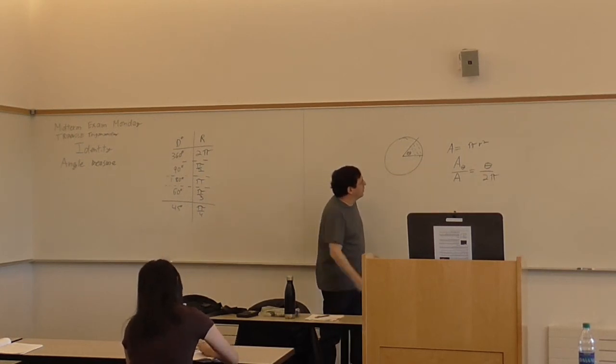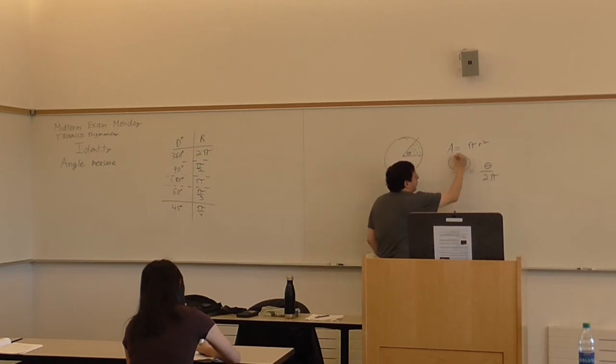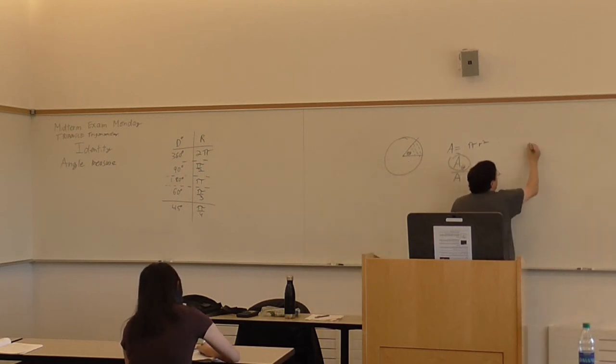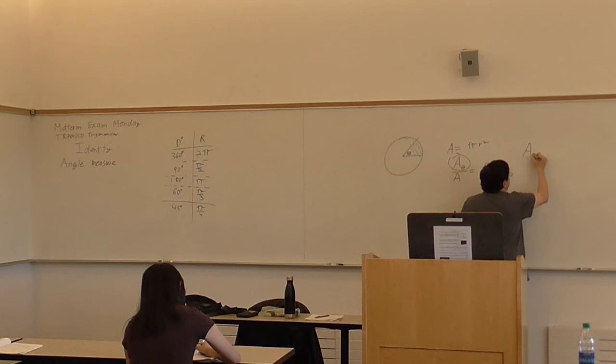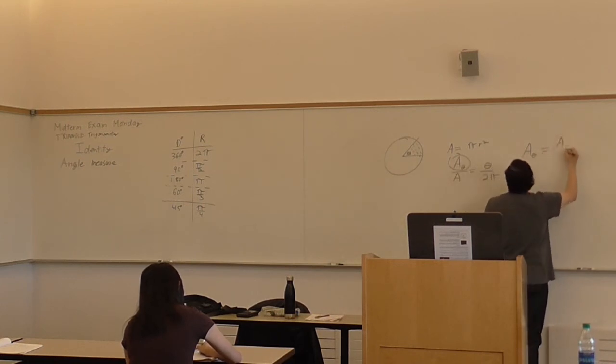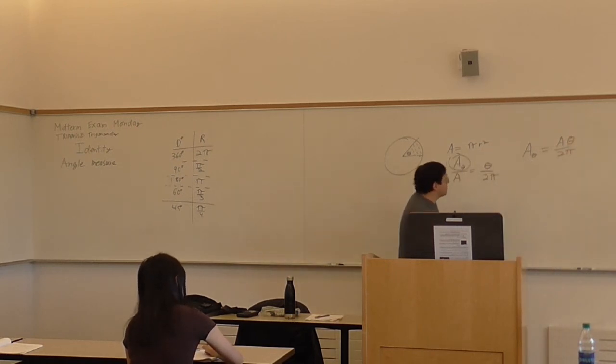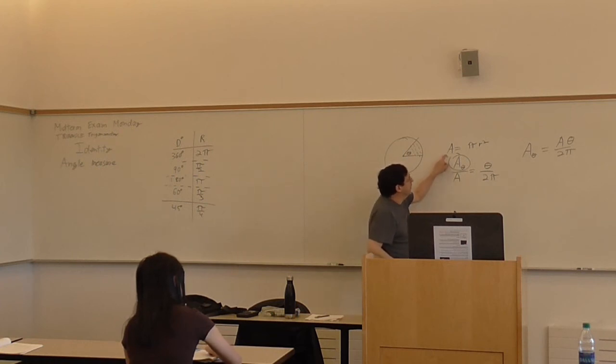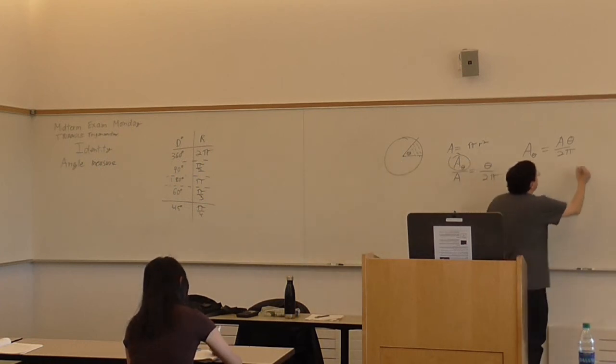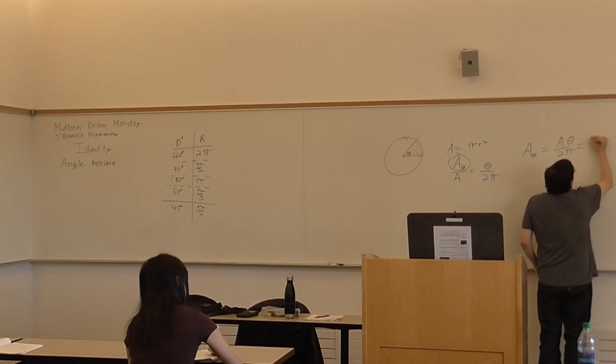Okay. This is what I want to know, so let's solve for it. Area of the theta sector, that's going to be the area of the circle times theta over 2 pi. But let's plug in the area of the circle here. Pi r squared times theta over 2 pi.